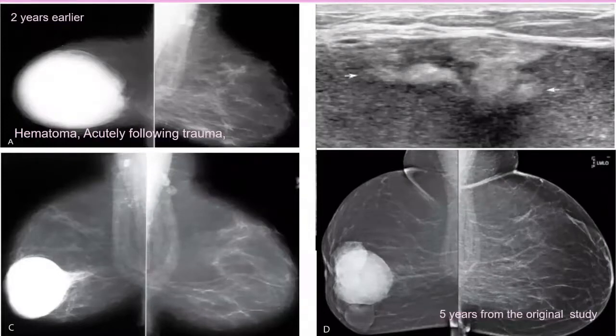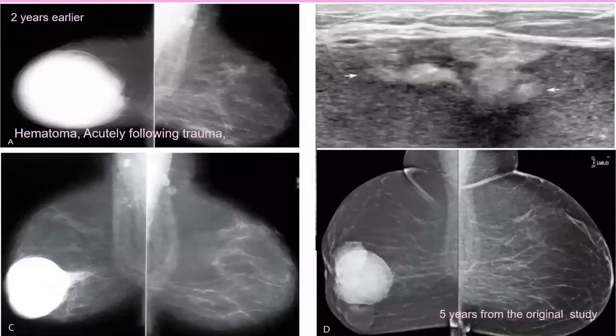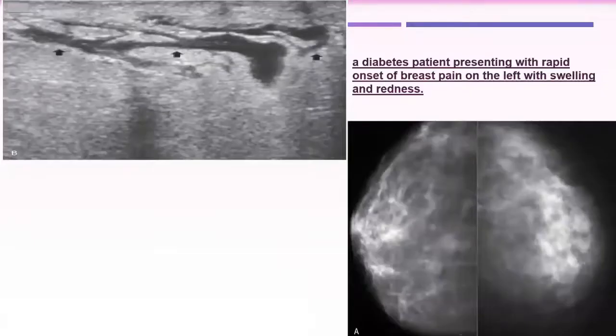The traumatized adjacent tissue develops fat necrosis. So with extremely dense mammography, these are some of the mimickers for breast cancer.